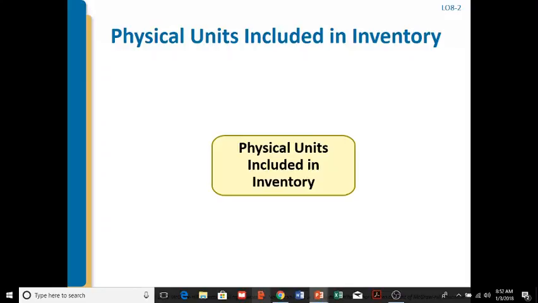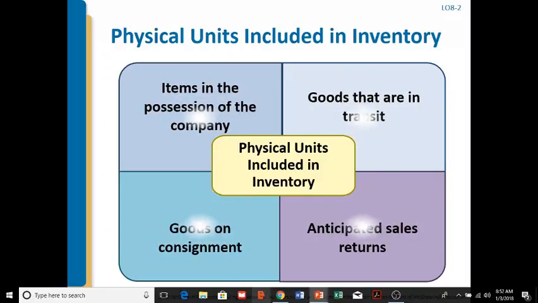All right, so what physical units do we include in inventory? Well, certainly it's obvious, hopefully, that the items that the company has in their possession should be included in inventory. But what if you've purchased items at the end of the year, but you haven't received them?